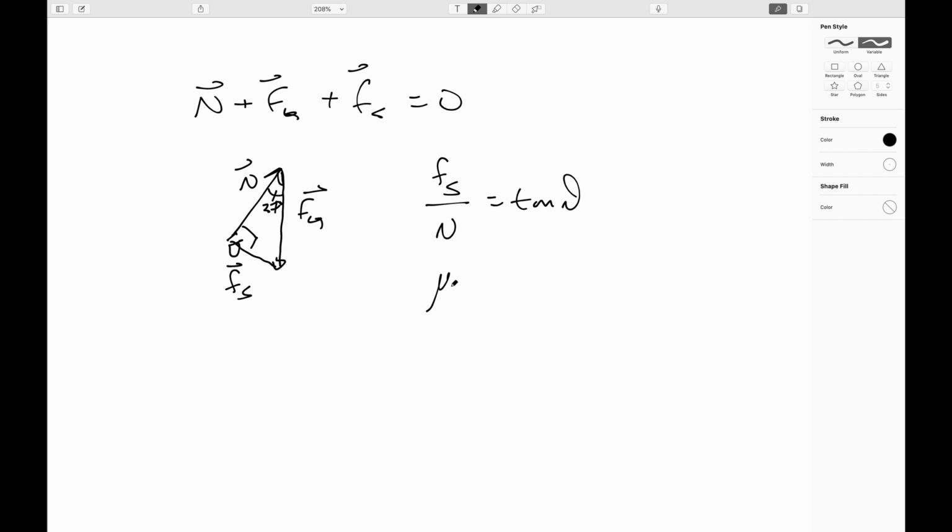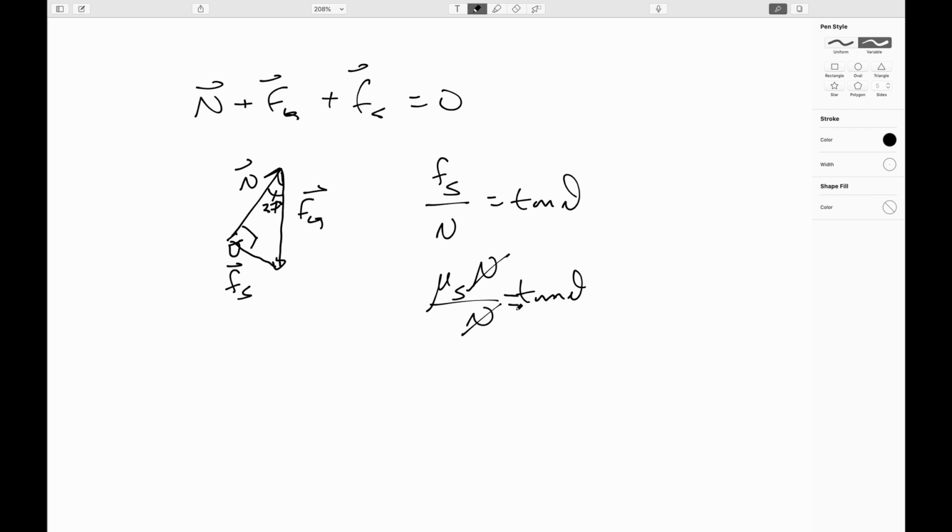And the force of static friction is mu s n. So we can cancel the normal forces and get straight off that the coefficient of static friction is the tangent of theta.